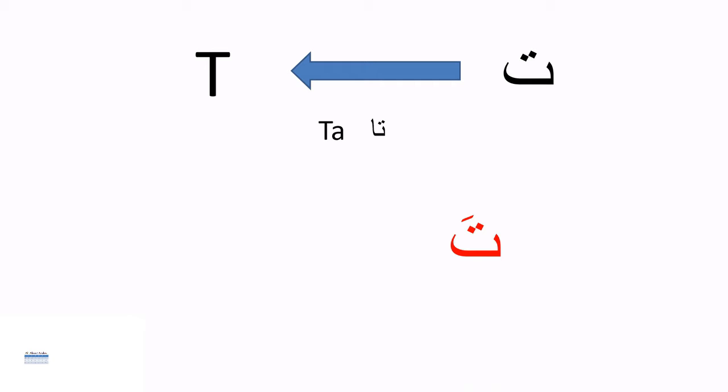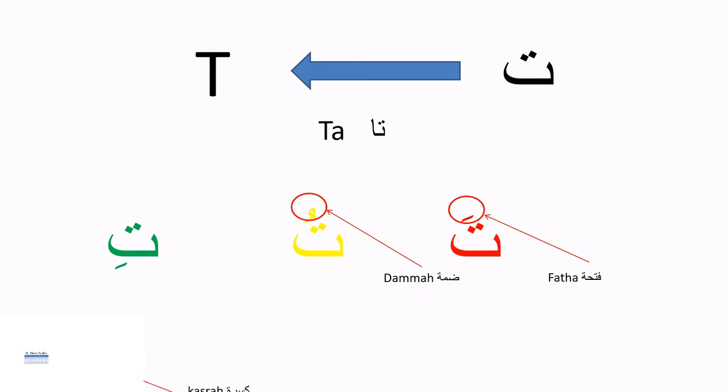As we learned before, each letter can have a different sound depending on what's above or under that letter. So we have ta, tu, or ti, depending if there is fatha, dhamma, or kasra. And each one of them is called haraka.